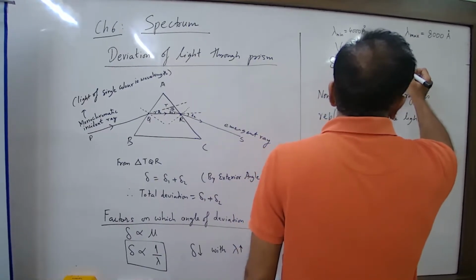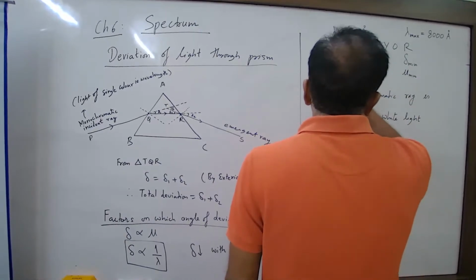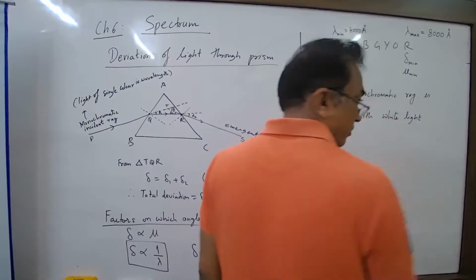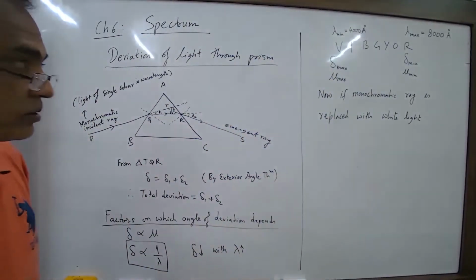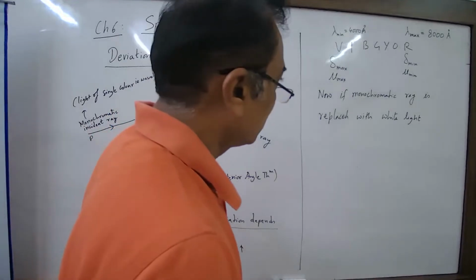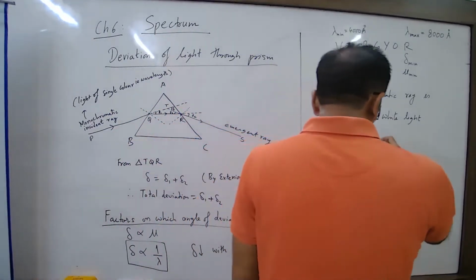So here the refractive index also is minimum, right? Here the refractive index will be maximum. That's why maximum deviation will be caused, where the monochromatic ray is replaced with white light. Again, let us draw this ray diagram. What do we get?